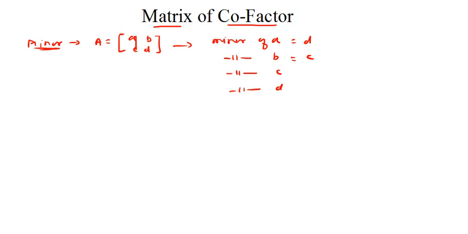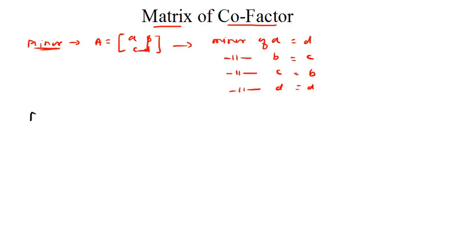What remains? B. For the minor of D, hide its row and column. What remains? A. This is how we can find the minor of every element in the given matrix. On a similar basis, we find the minors of the elements in a 3 by 3 matrix.